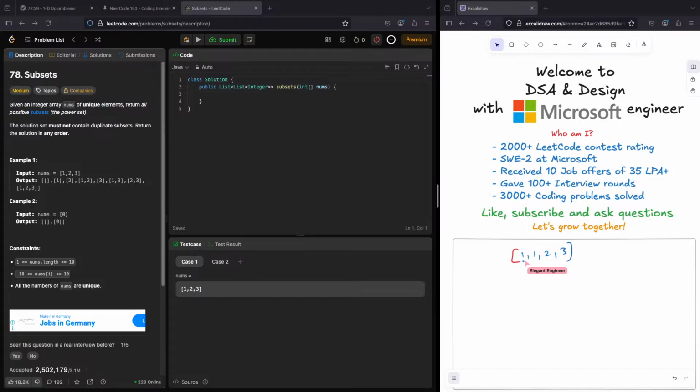Then you can take this one. In the next, you can take this one or not take it, right? And then you can take this two. One length, two length, and then one is another one two. So whatever you have in your list goes to your subsets list, right?